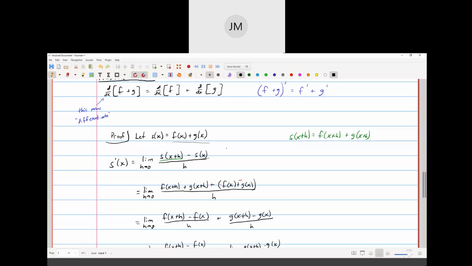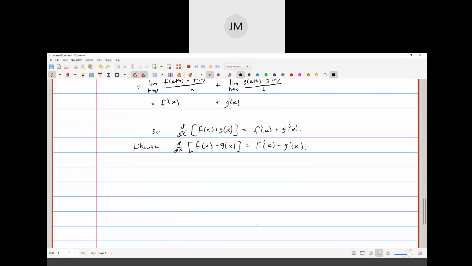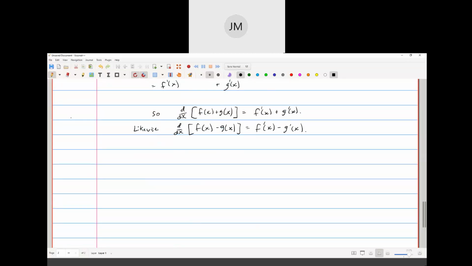All that happens is that we've got a minus in the middle and we've got to keep track of some negatives, but otherwise it follows the exact same steps. I'm going to give you another rule, and I'm going to just skip over proving this one, because we don't need to see every single proof, okay?